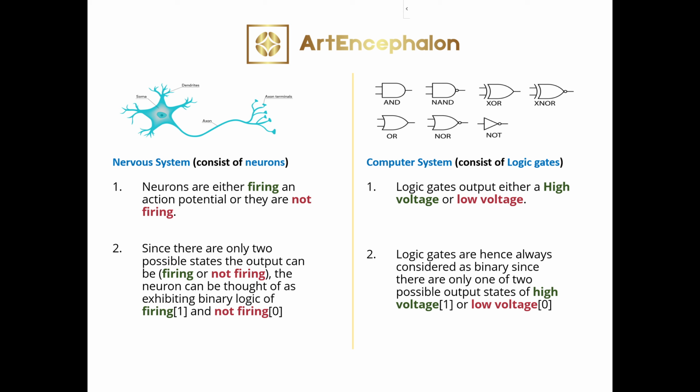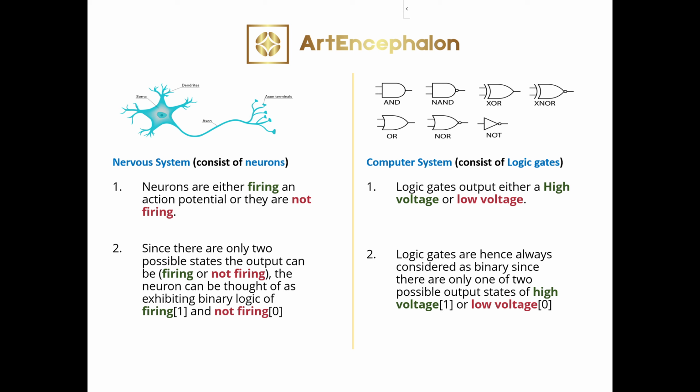So this neuron can express this logic, or a combination of neurons can express a combination of this logic, or a combination of this logic can express a neuron. And we're going to see that in this series of lectures as we go on.